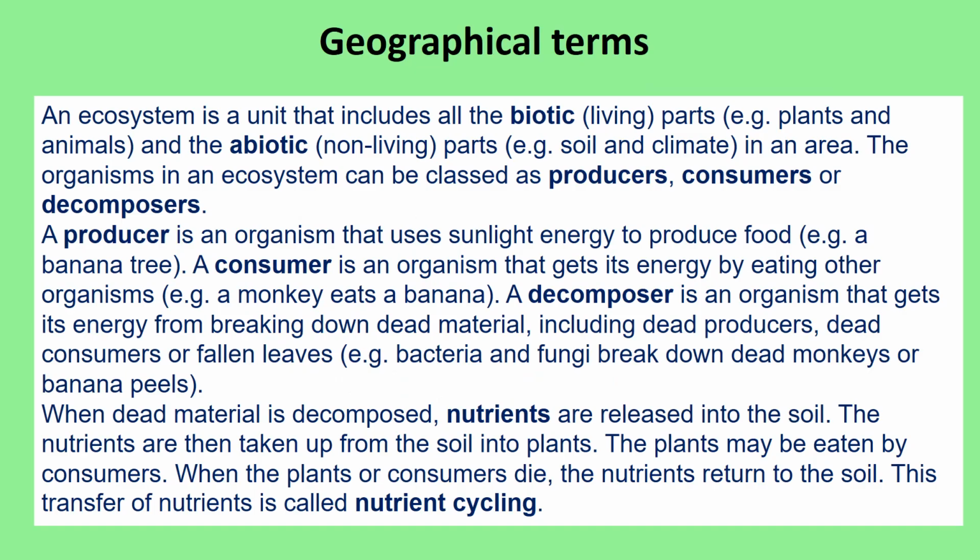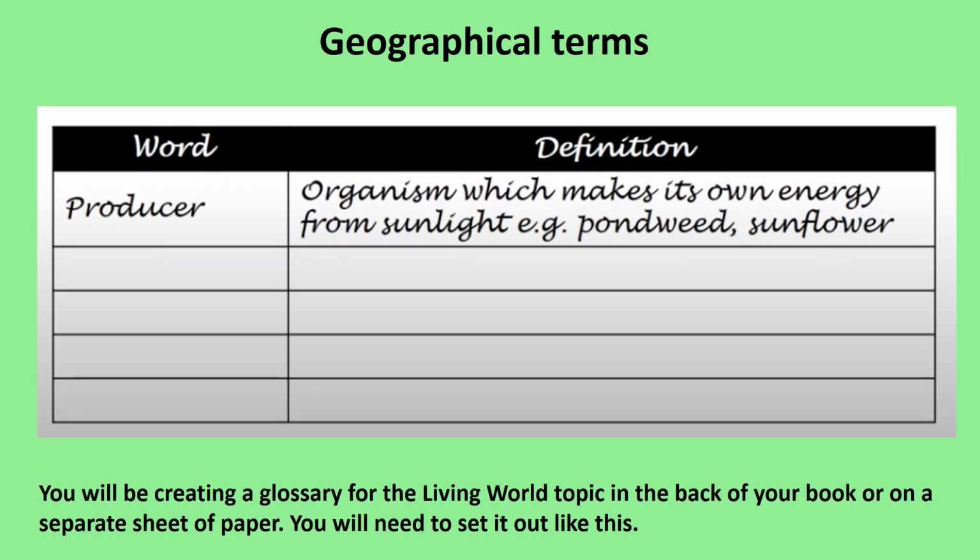Okay, and these are the geographical terms that you need to create a definition for. We need to start to create a glossary for this topic. Okay, so creating a glossary. Normally we'd give you one in school, but you need to create one either in the back of your book or on a separate piece of paper.